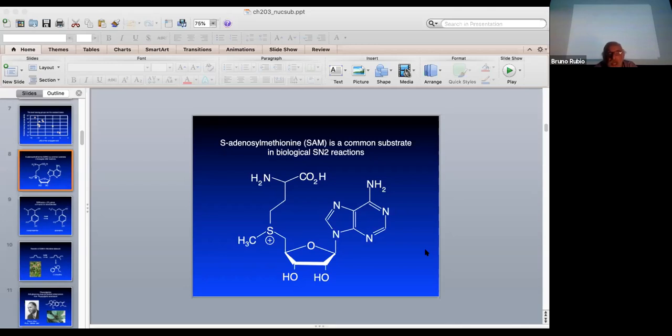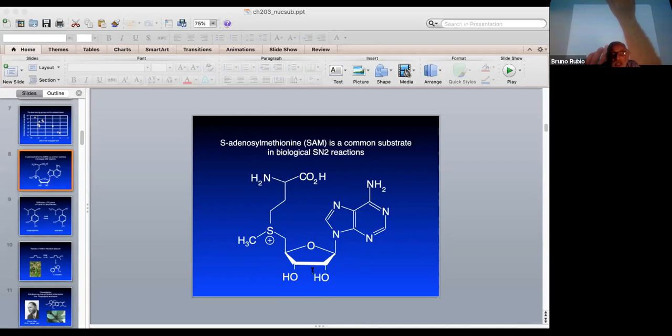But instead, the leaving group is this gigantic, well, there's an adenine residue. If you've studied DNA and RNA, you're familiar with adenine. This is ribose. And this is a methionine. This is an amino acid. So this is quite a molecule here. It has an amino acid stuck to a sugar, stuck to a DNA base in it.